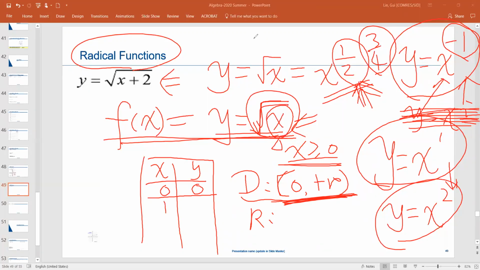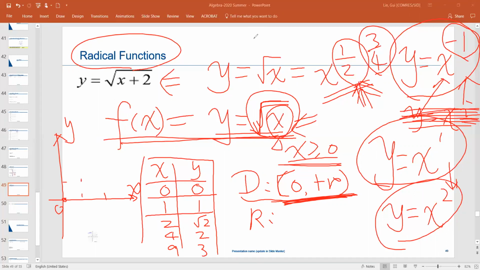If x is 1, y is also 1. What about 2? Square root of 2. What about 4? Here it becomes 2, right? About 9, here we only get 3, right? So when you're graphing, you only need to graph the part bigger than 0, right? So 0 is 0, and 1 is right here.